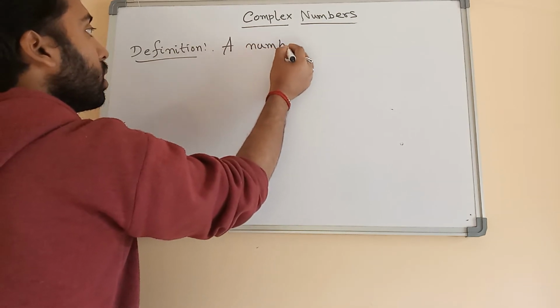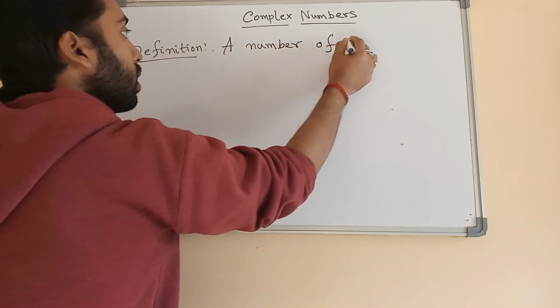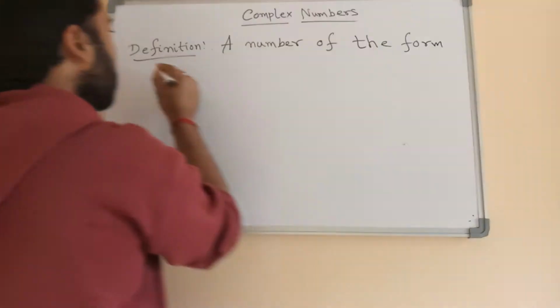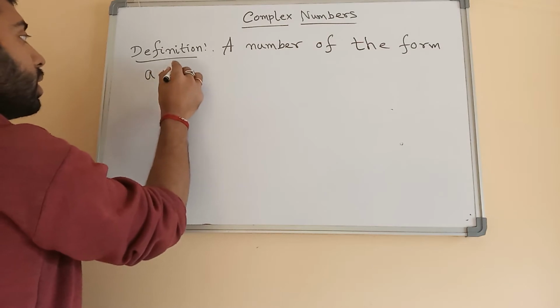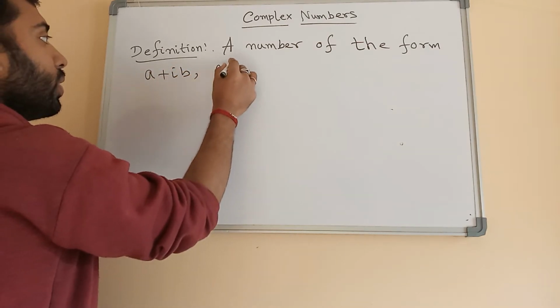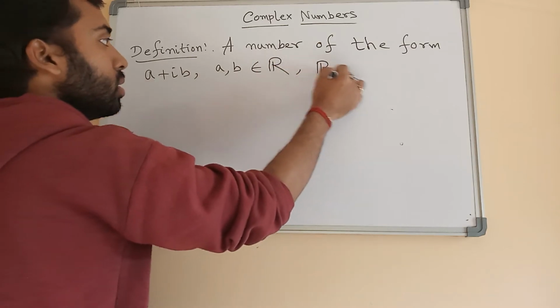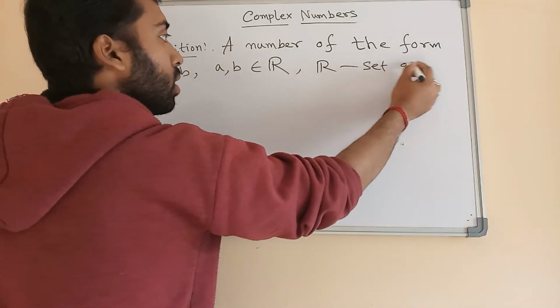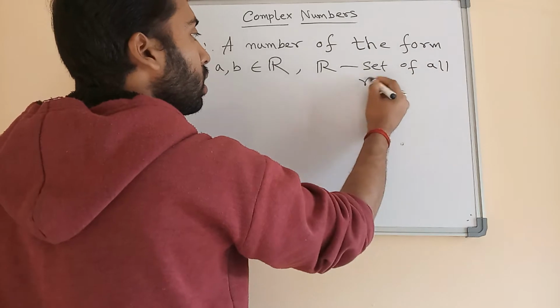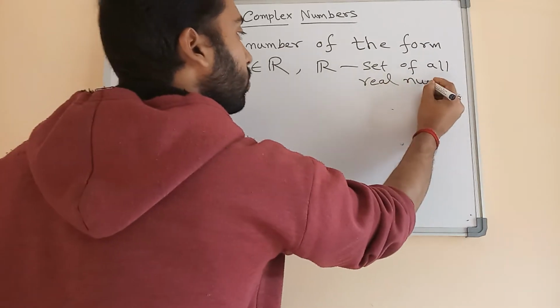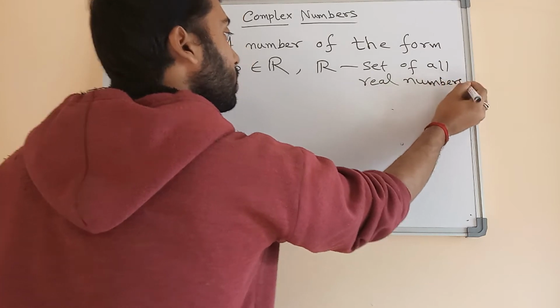A number of the form a plus ib, where a, b belongs to R, the set of all real numbers.